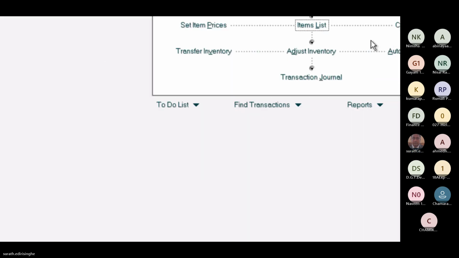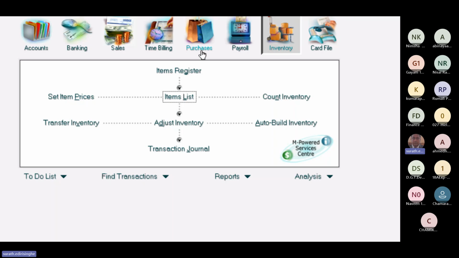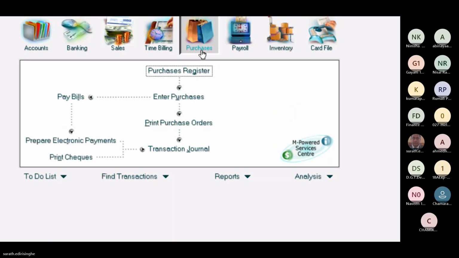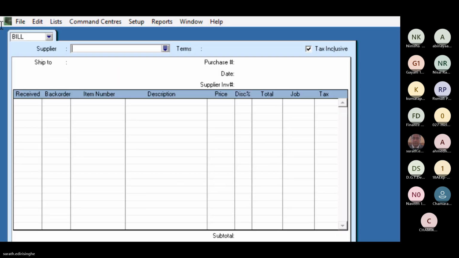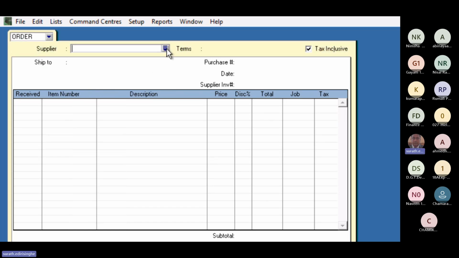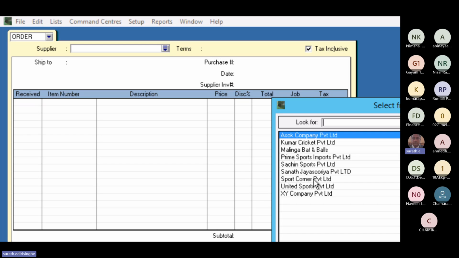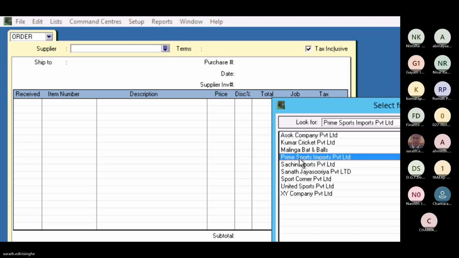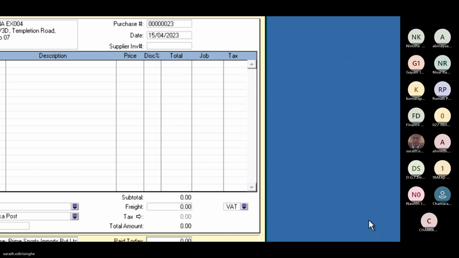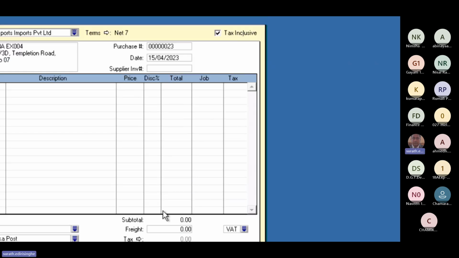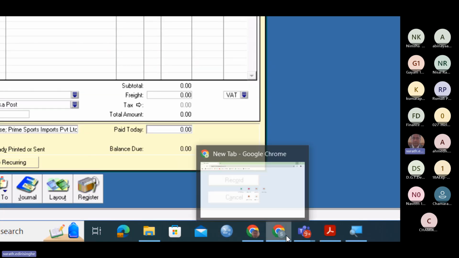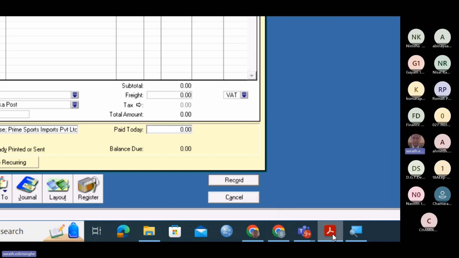Then I go to purchases, enter purchase order. Then go to the supplier, Prime Spot. Give the correct invoice number, PO number and detail according to your transaction.